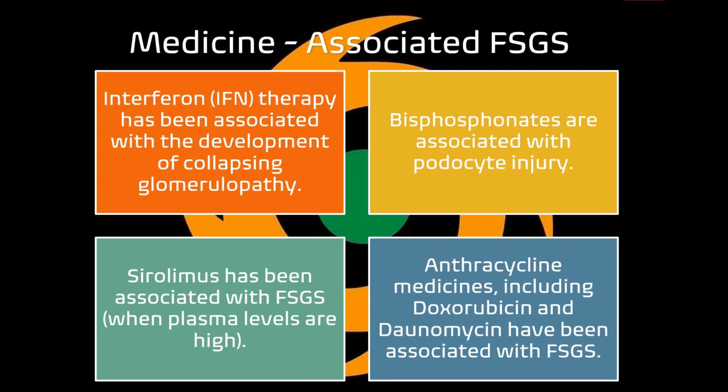In FSGS recipients, other calcineurin inhibitors and corticosteroids or glucocorticoids are the main forms of treatment to offset the use of, for example, sirolimus.